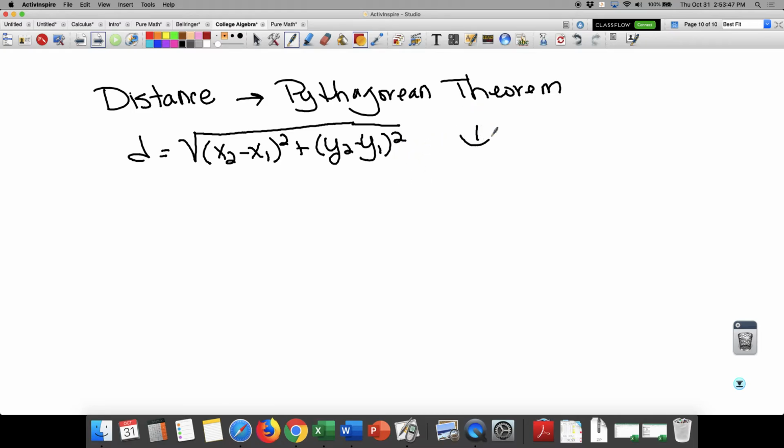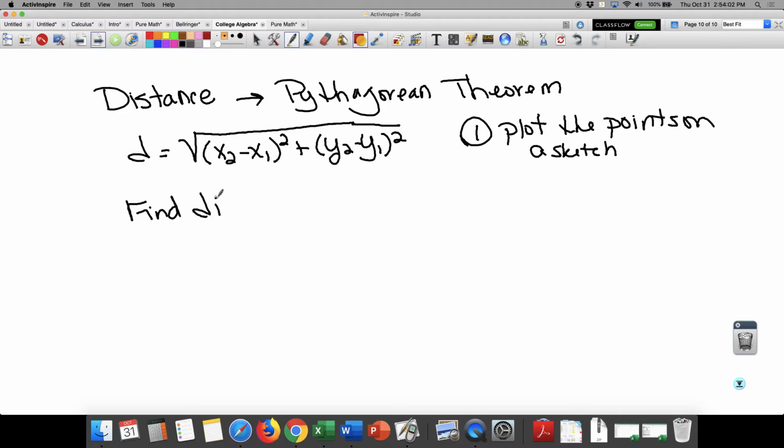So the first thing I want you to do is plot the points on a sketch. And I'm going to show you what that means. It's kind of like what I just did. So we're going to find the distance between -1, 4 and 3, -2.